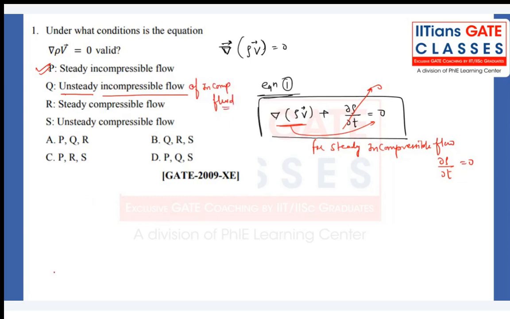I will discuss one scenario where incompressible flow can be of both compressible fluid and incompressible fluid. But for the question mentioned in the GATE exam, they intentionally want us to think incompressible flow of incompressible fluid. In that case, density will be constant.